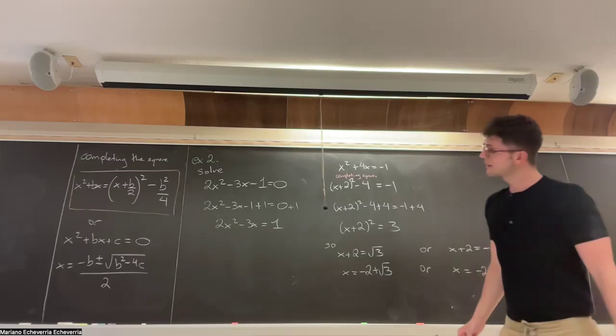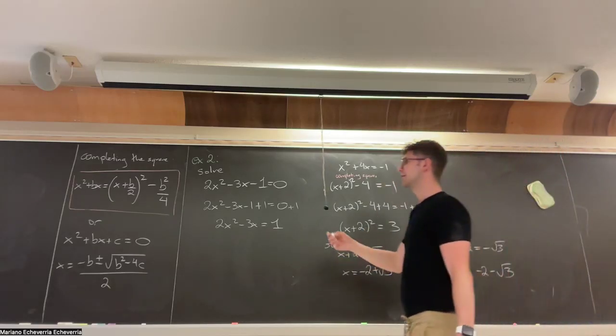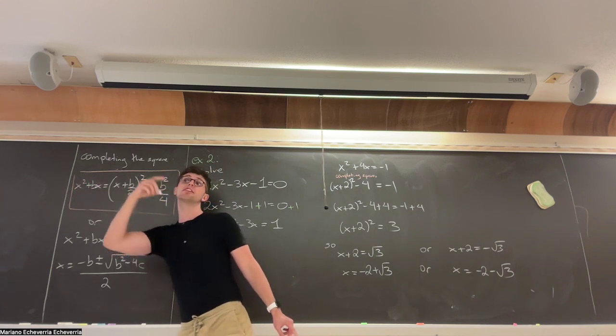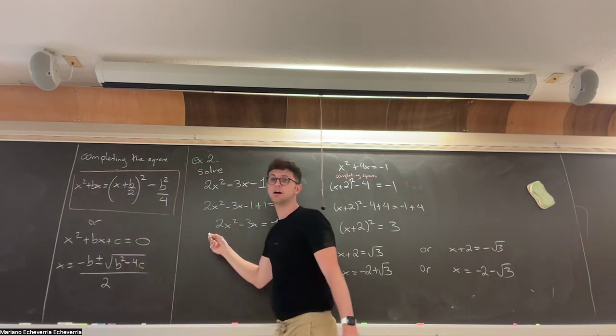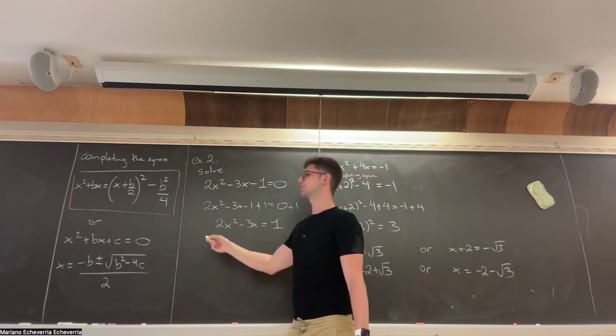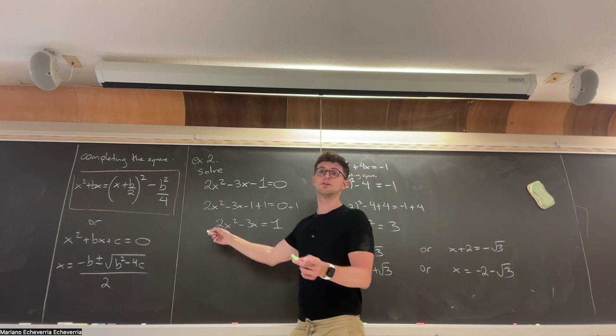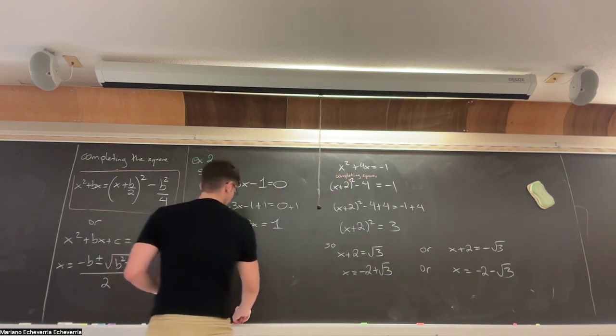Okay, and then the next step is that all the formulas, the way I have been writing them, start with x squared, just 1 times x squared. They don't start with any other number. That can be easily fixed by multiplying by, in this particular case, 1/2 on both sides of the equation to make this coefficient 1.